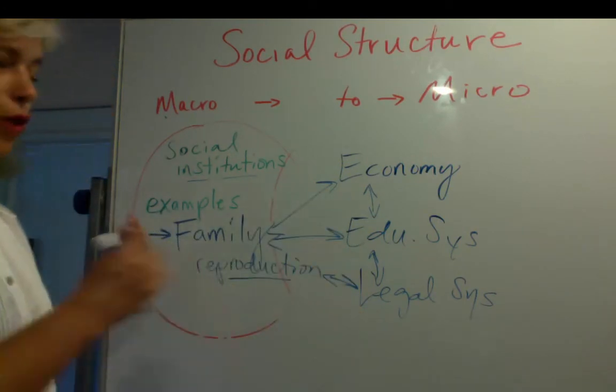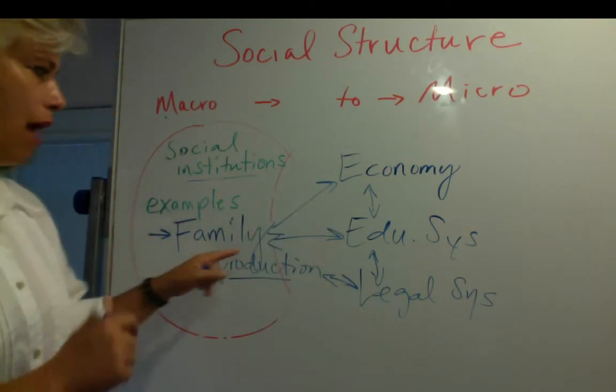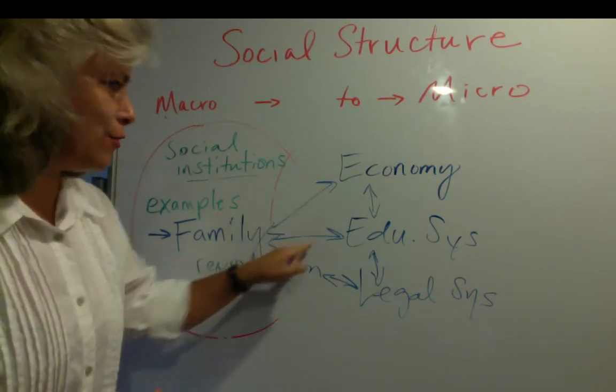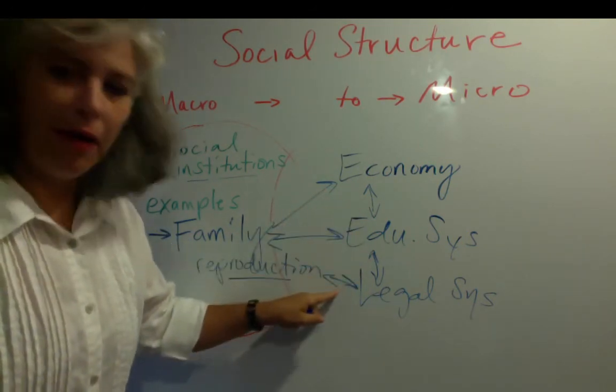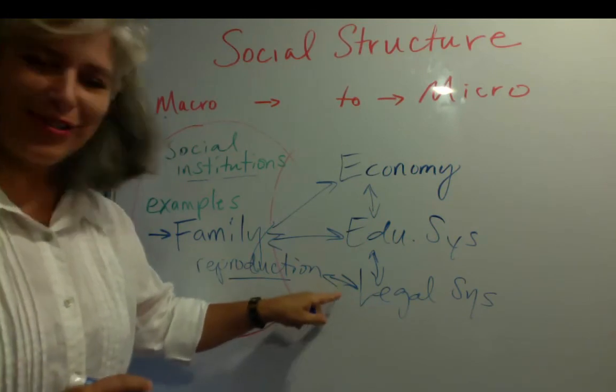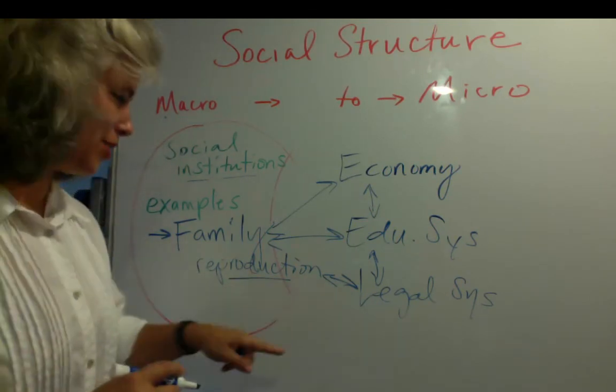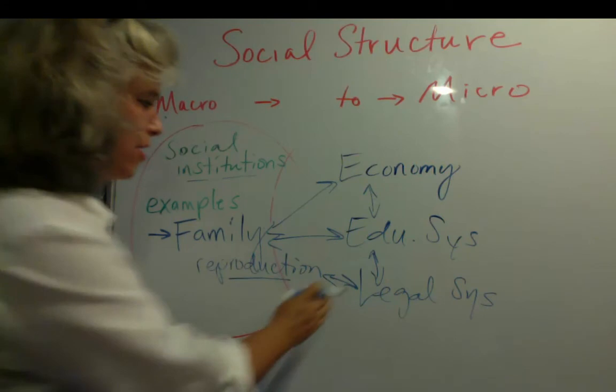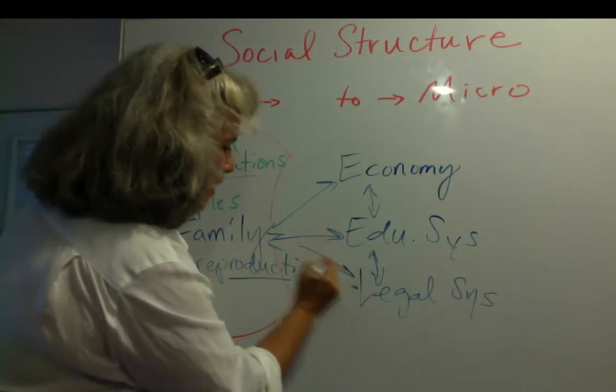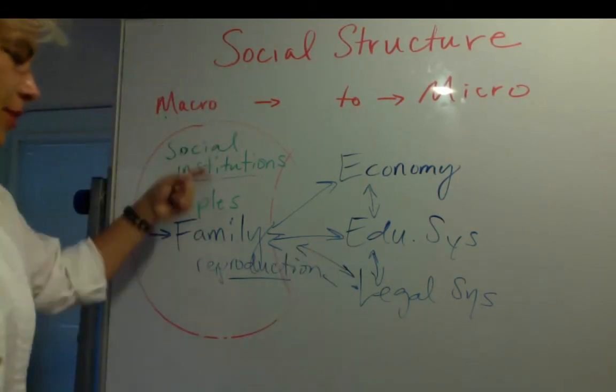If you need to review this discussion so you can write down what all these arrows mean, there was a lot of talking and a lot of explanations that brought us to these arrows between these social institutions.